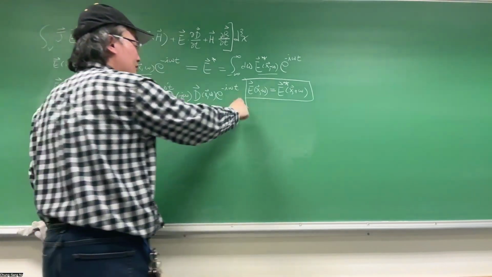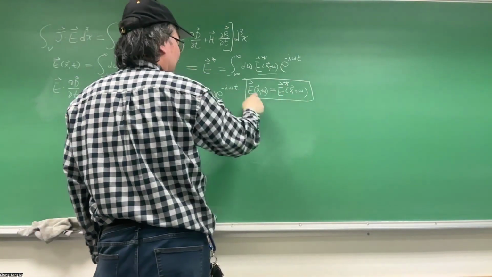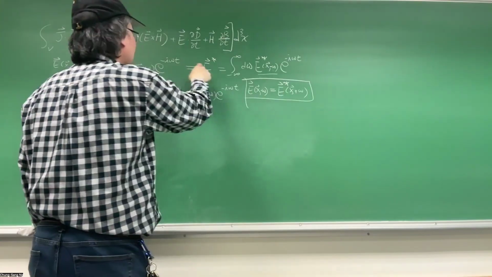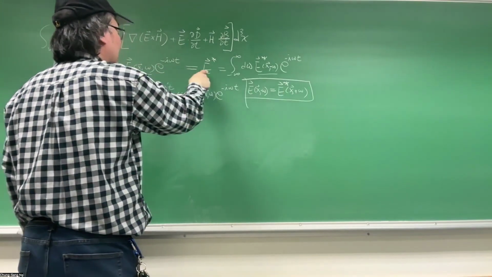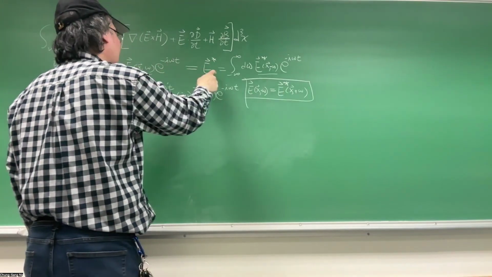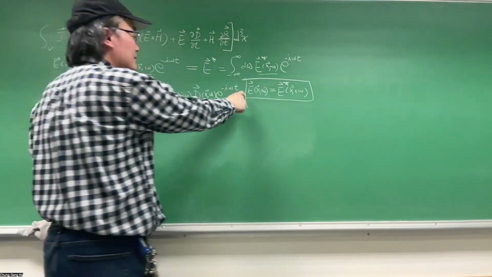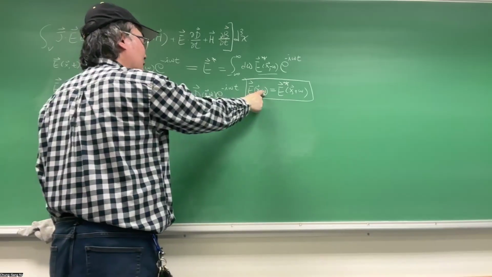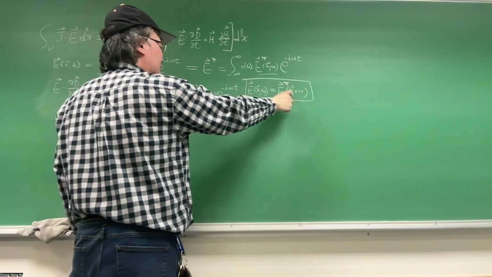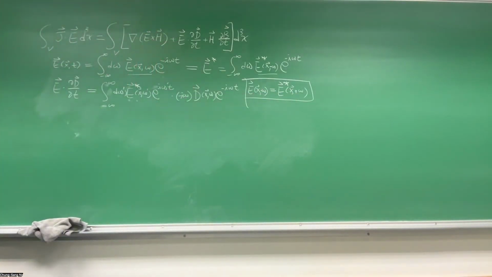But this is general, so not just for the electric field. We just use the fact that we assume that the electric field is real. So it equals its own complex conjugate, and you have this result. So the negative frequency is equal to just taking the complex conjugate.